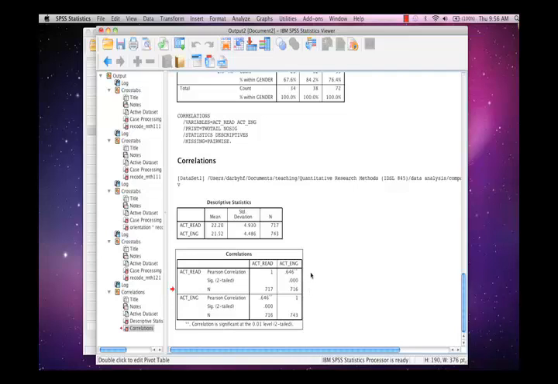So that Pearson correlation of R, that number, 0.646, if you recall from our lecture or from the other videos, a Pearson correlation of a 0.6, it's positive, so indeed they are positively and directly related. It's 0.6, which is in between moderate and strong.